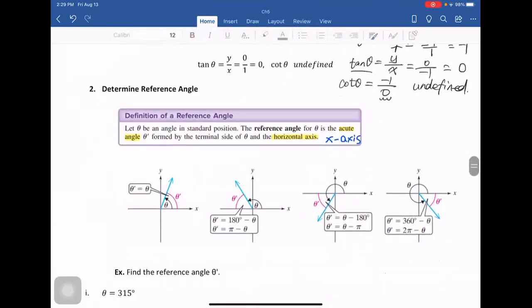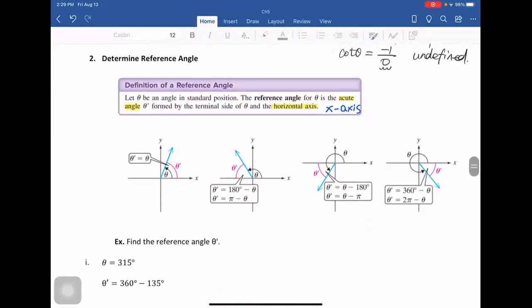Okay, let's continue to part 2. Determine the reference angle. What's that reference angle? Let theta be an angle in standard position. The reference angle for theta is the acute angle, theta prime, formed by the terminal side of theta and the horizontal axis.